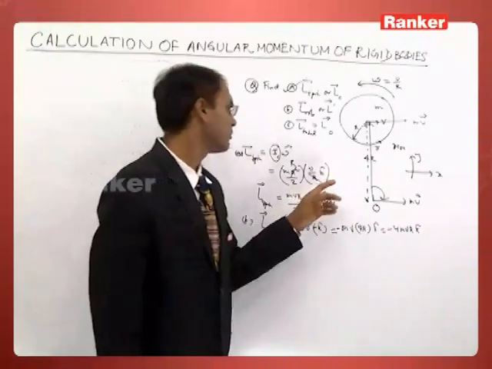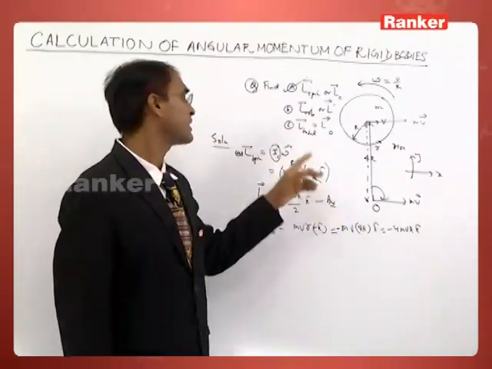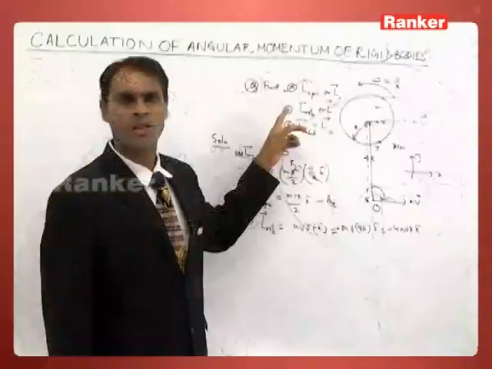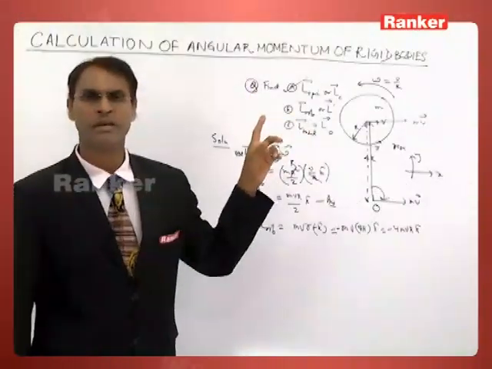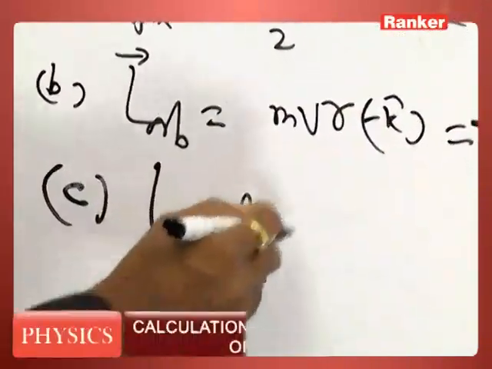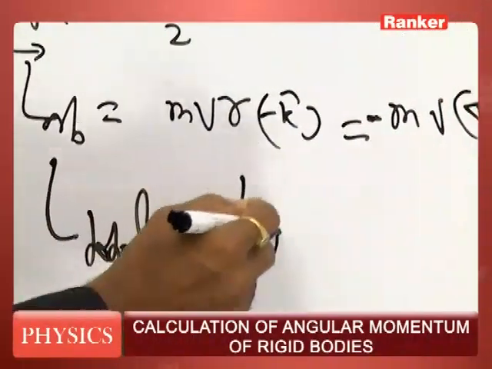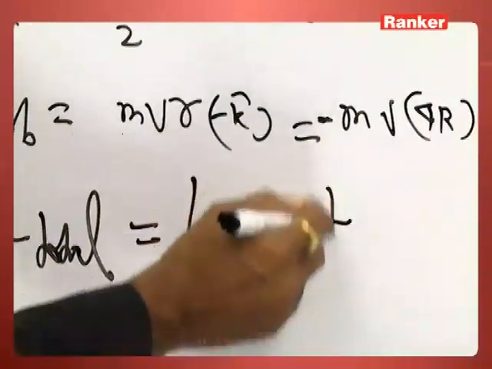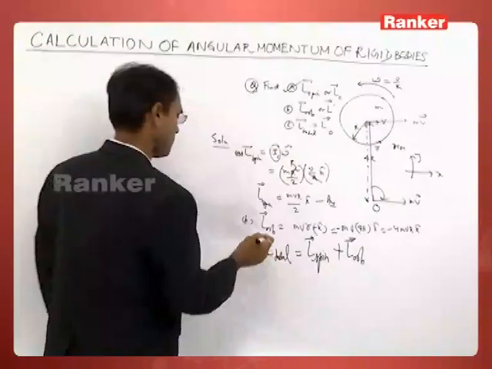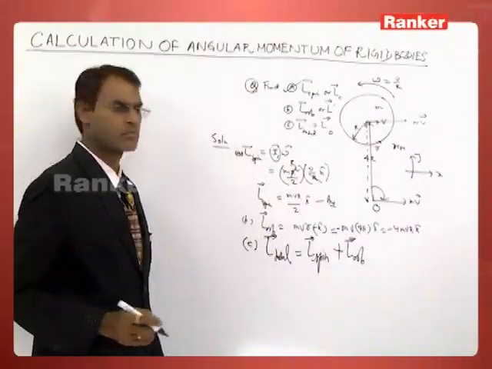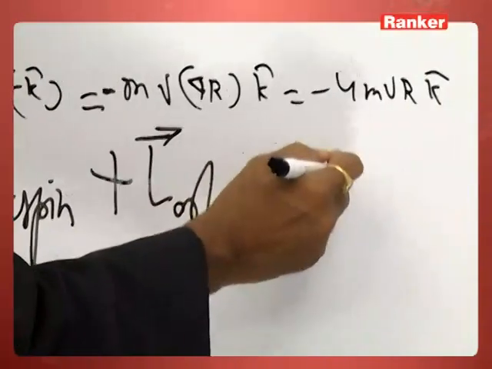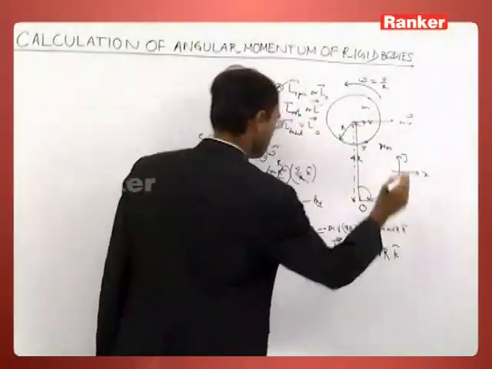Direction factor is very important while you are solving problems of angular momentum, because angular momentum is a vector quantity. See, total angular momentum is equal to spin angular momentum plus orbital angular momentum. The spin angular momentum is m v r by 2 k cap.